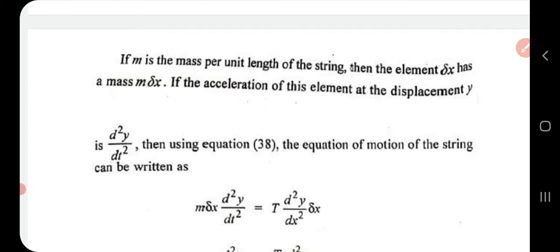Now if mass per unit length of the string is given by the small letter m, then the element delta x has a mass m delta x, right? Now if the acceleration of this element at the displacement y is d square y by dt square, that we know.